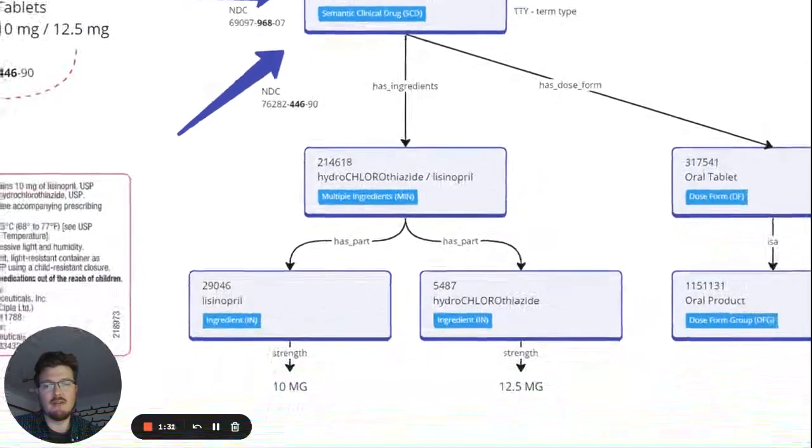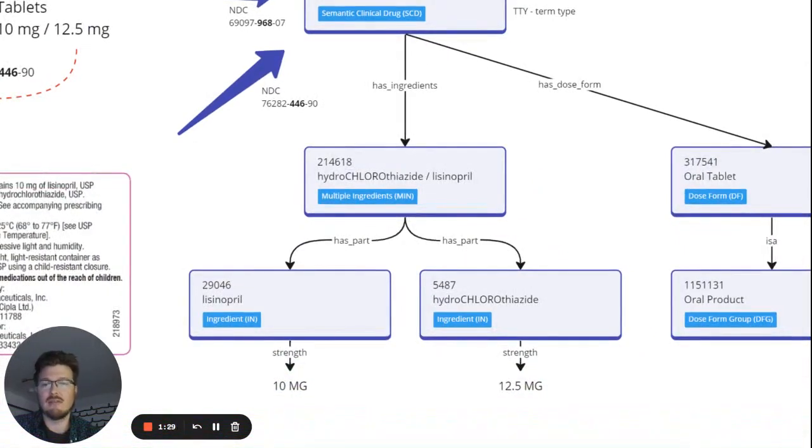So this drug product, or semantic clinical drug, has ingredients of hydrochlorothiazide lisinopril. Going down a step further, that multiple ingredient code has 2 individual ingredients, or IN codes, for lisinopril and hydrochlorothiazide. And then using RxNorm, you can also figure out that for this product, the lisinopril ingredient is a 10 milligram strength, and then a hydrochlorothiazide ingredient is 12.5 milligrams.